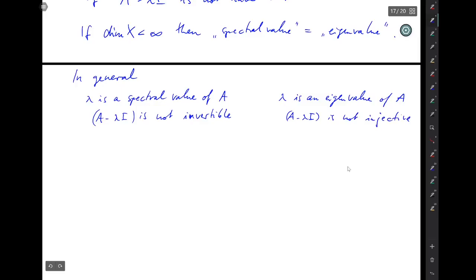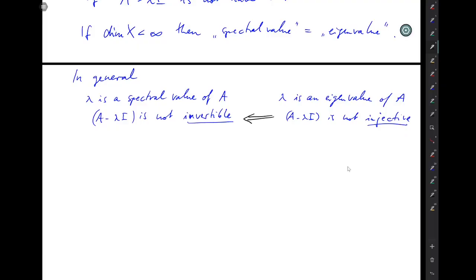You can clearly see the difference. This one is about injectivity, this one is about invertibility. So one implies the other. Which one implies the other one? Well, if you're not injective, then you can clearly not be invertible. So this direction must be true. The other one, probably not, otherwise we wouldn't need two different words.